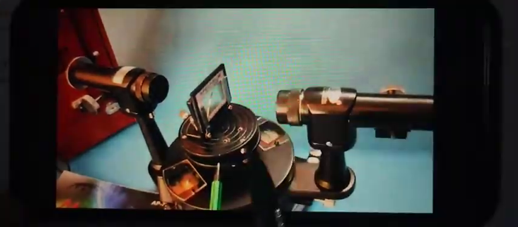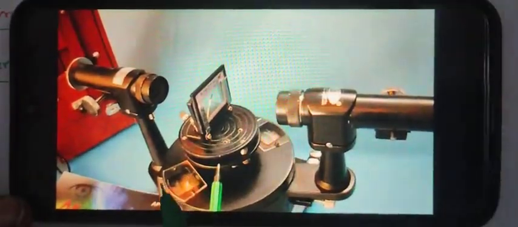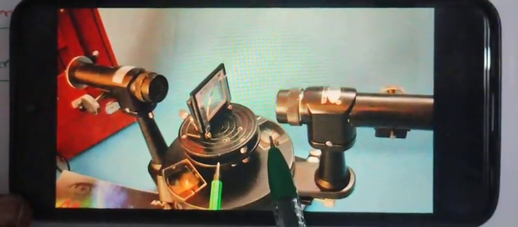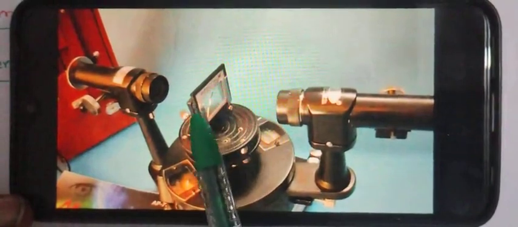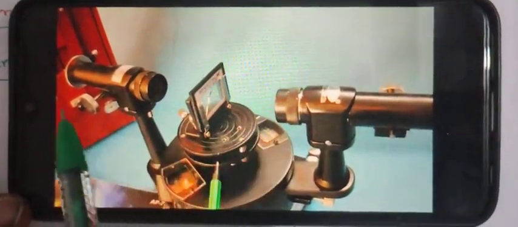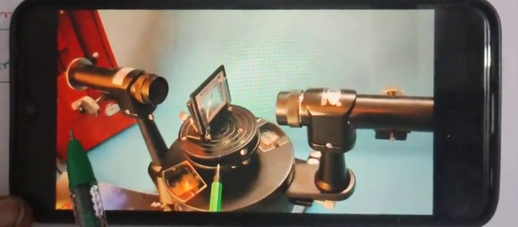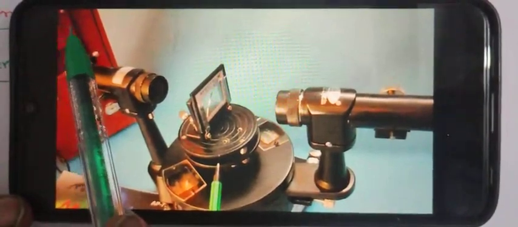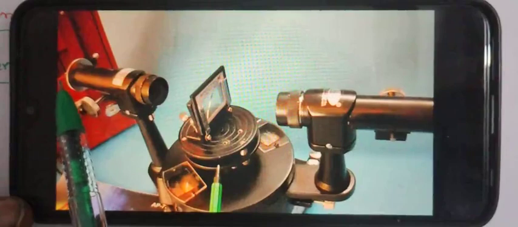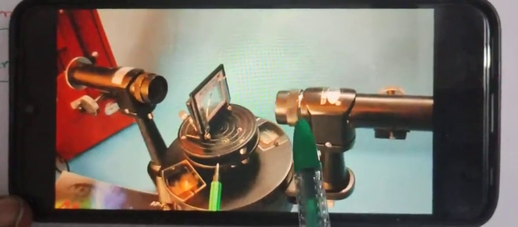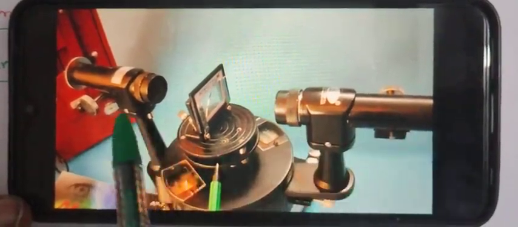Two vernier scales are used to take the readings. The grating glass is mounted here. In this wooden box there is a source and a slit, which forms the collimator, and on this side is the telescope.